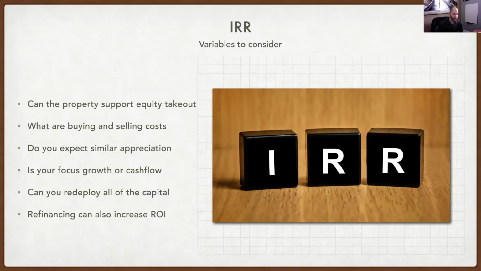Another thing to consider is the ability to redeploy all of your capital. So just because you take $100,000 out of a property in the form of a HELOC, or you sell a property and you have $250,000 to now invest, if you can't get that money back into some form of investment that's going to generate a good return on investment, you might not be better off, especially if you've increased your mortgage on a property.